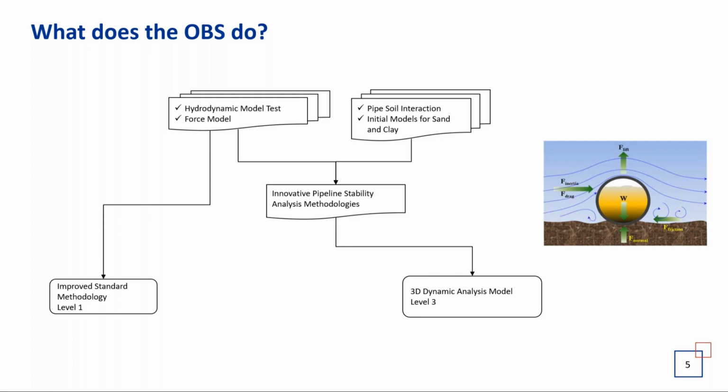Excellent. So the two parts of the research came together and they developed a 3D dynamic analysis model, which we now call level 3. That was to model a length of the pipe, basically a finite element model of that pipe length, which is exposed to hydrodynamics and soil interaction, where the pipe embedment gets updated in a timely manner.